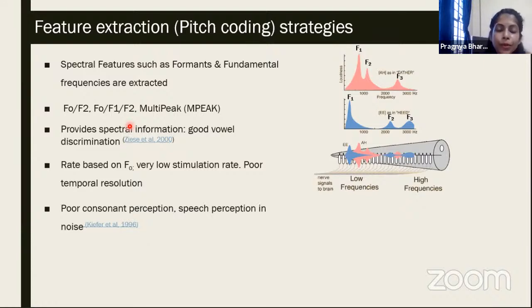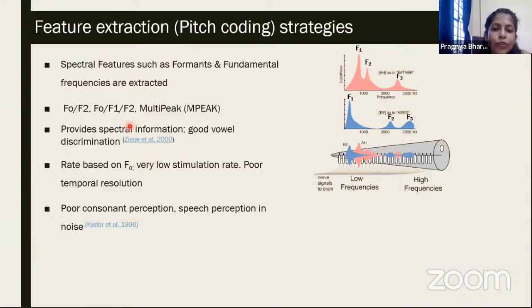However, because they mainly depended on stimulation of the corresponding electrodes in a sort of simultaneous manner, they could not use a very high rate of stimulation, and that affected consonant perception, or the temporal resolution of the incoming sound.